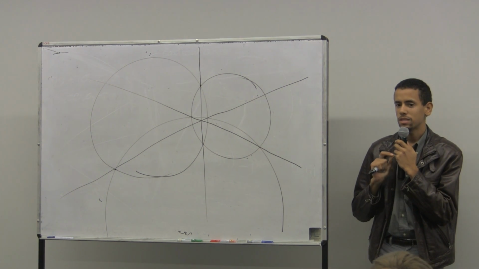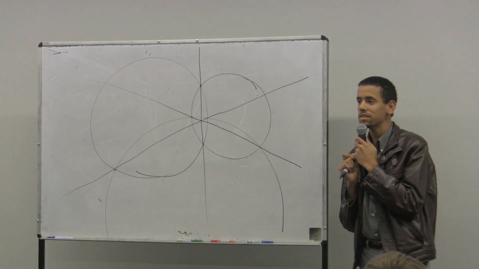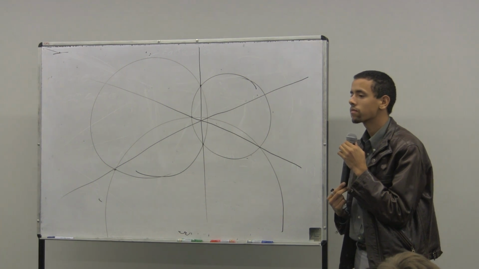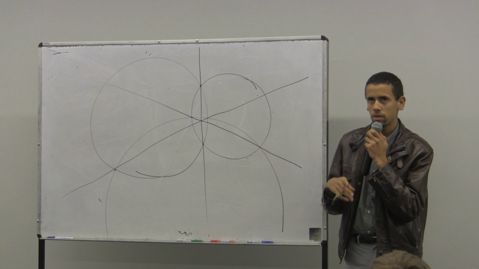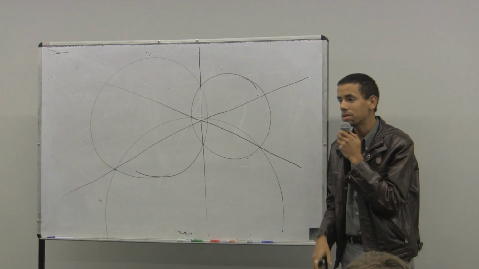Okay, someone who hasn't spoken before. I'm going to give you a pointer. So usually when you want to prove that three lines are concurrent, okay, what's up?